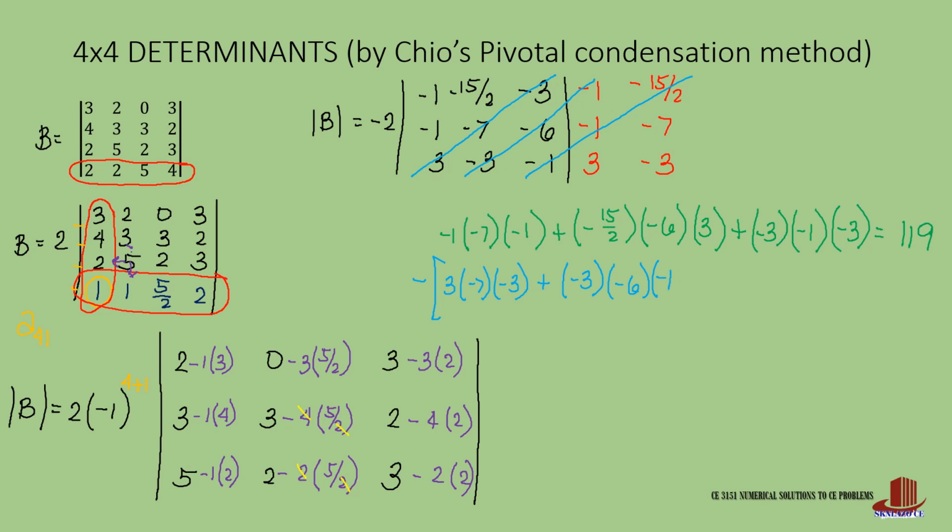Let me clean that up. And lastly, we would have negative 1 times negative 1 times negative 15/2.